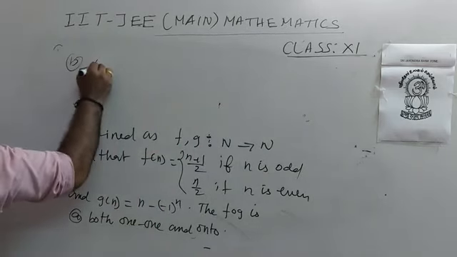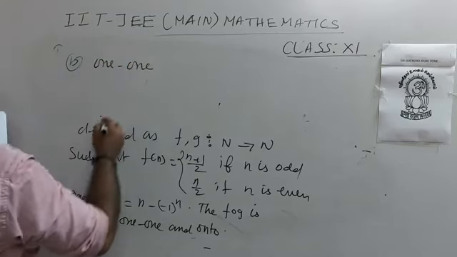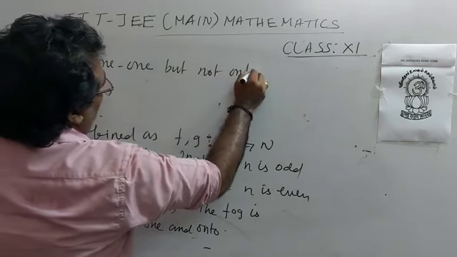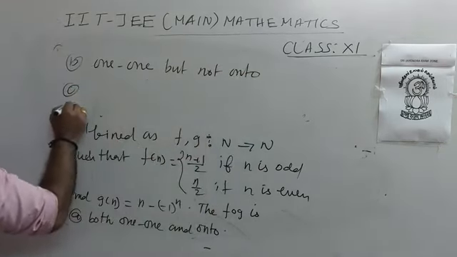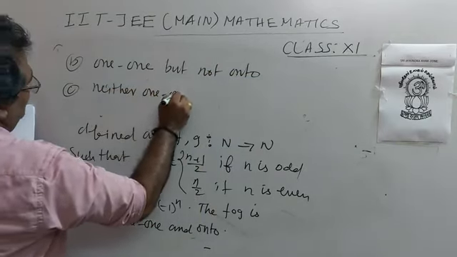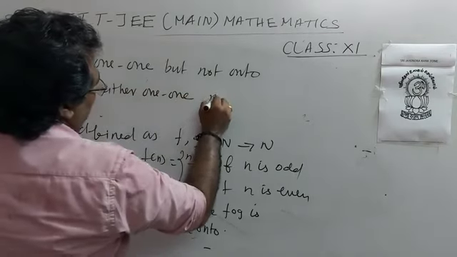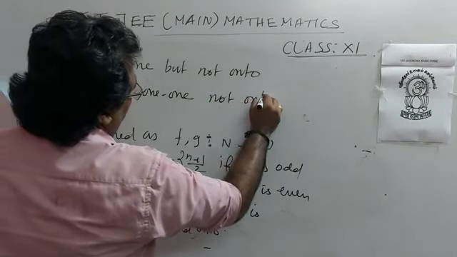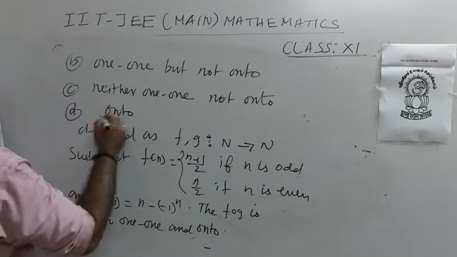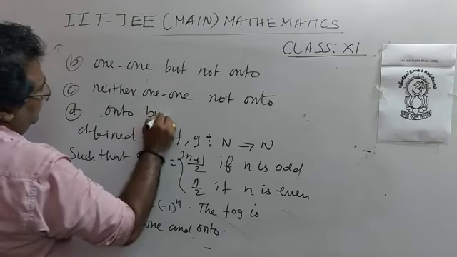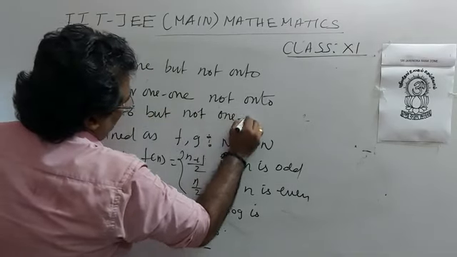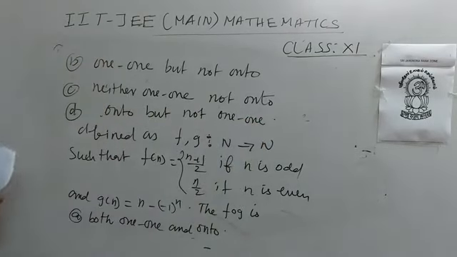Option B, 1-1 but not onto. Option C, neither 1-1 nor onto. Option D, onto but not 1-1.